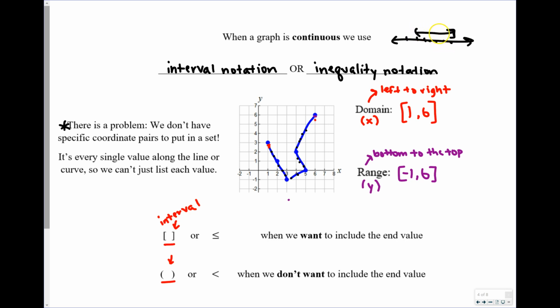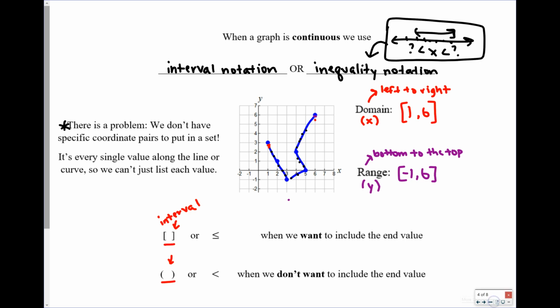See how this is kind of like interval notation with the parentheses and bracket, but when you wrote it out, you'd put an x, a less than sign, and then something went here and something went here. That same idea is exactly what inequality notation is. This guy that you did before in unit 3.4 is exactly inequality notation. So now we're going to apply that to domain and range.